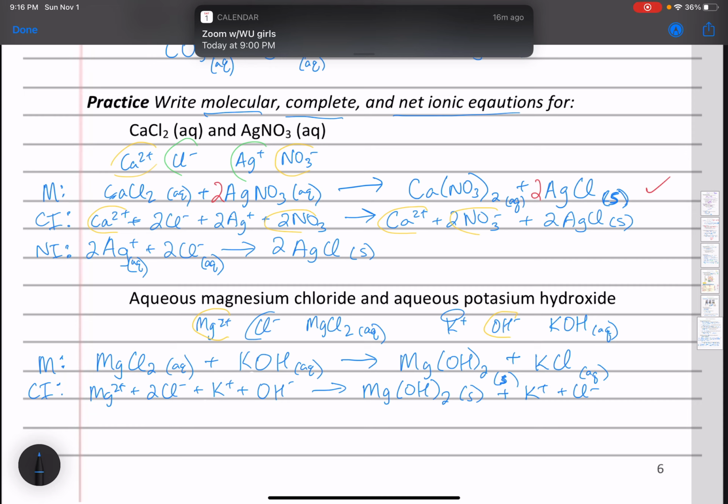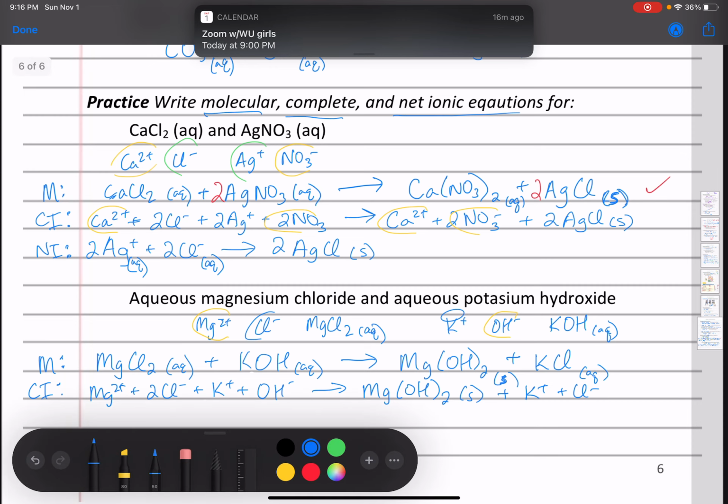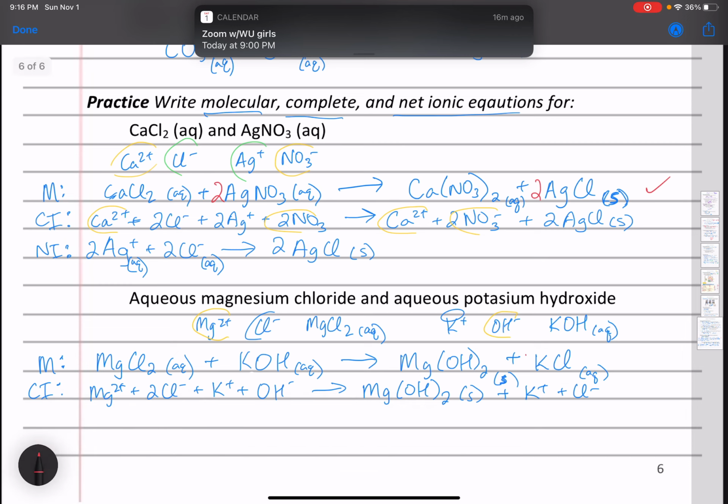Oh, I forgot to balance. Silly me. So I need to go to the molecular formula and make sure I'm balanced there. Well, this is a good thing to point out. So I'm looking at my spectator ions, and I've got 2 chlorides over here and 1 chloride over here. And that's what clued me into, wait a second, I'm not balanced.